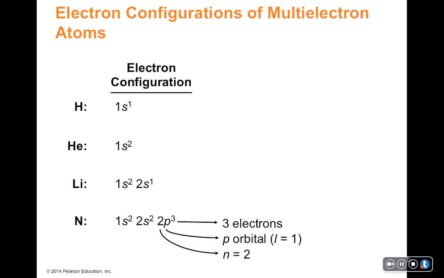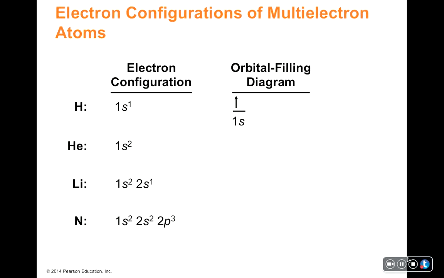Nitrogen has 7 electrons, so it fills the 1s, the 2s, and then those 3 that are left go in the 2p. And you'll see in a moment on an orbital diagram each of those 3 electrons. So one would be in 2px, one would be in 2py, one would be in 2pz.